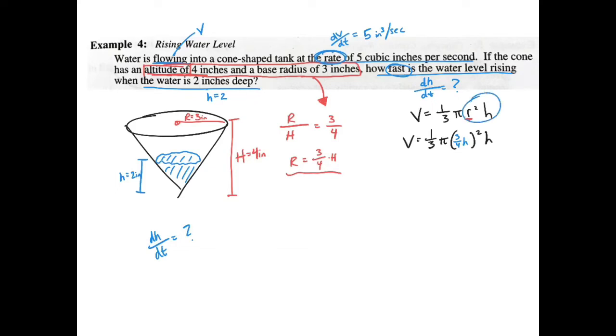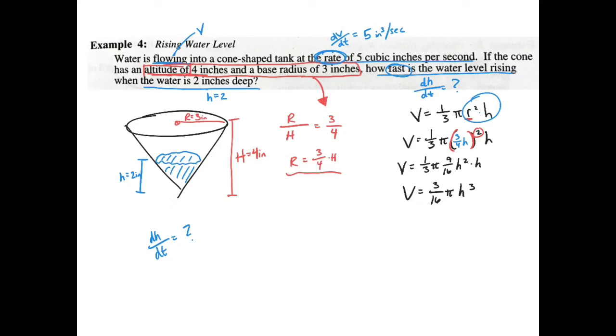What's cool about that is after I simplify, I won't have to use the product rule up in here. I don't have to do that now. So let's simplify real quick. 1/3 pi. Remember that everything in these parentheses is going to be getting squared. So 1/3 pi times 9/16 h squared times h, which is what? 1/3 times 9/16 is like, what is that, 3/16?